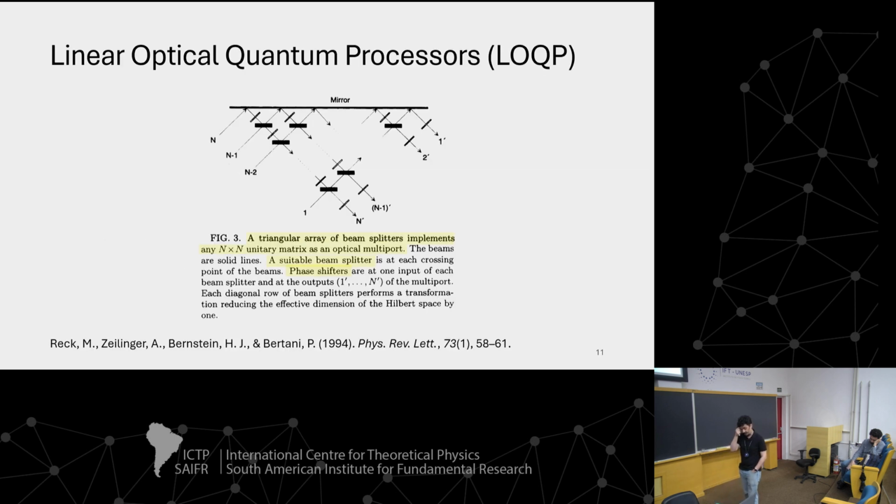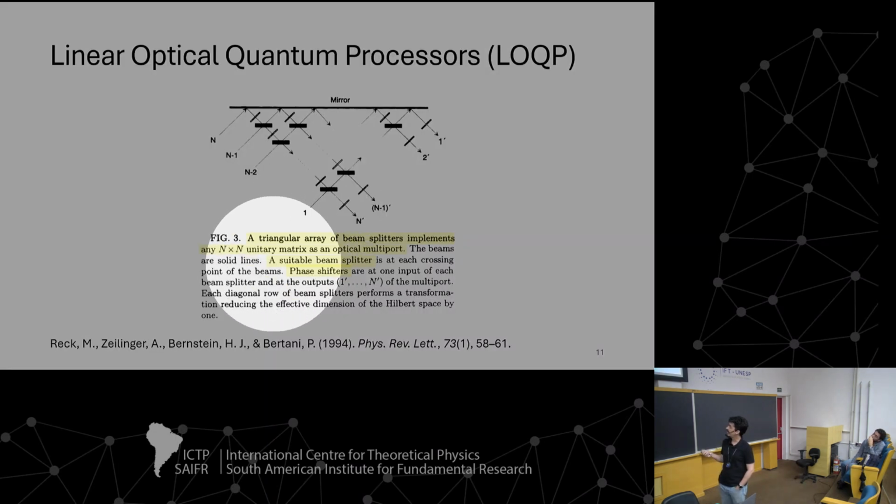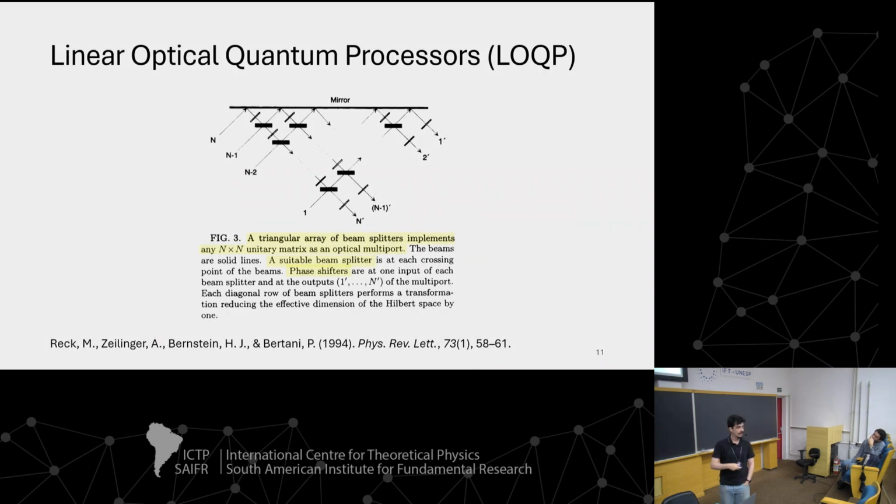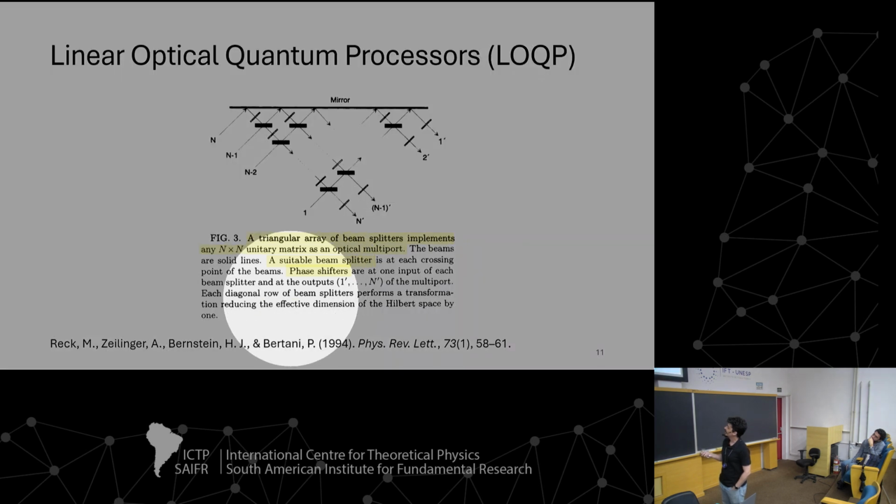So now we need a linear optical quantum processor, okay? And it was shown in 1994 that you can do this with an array of beam splitters. And it's interesting that they say that it implements any n by n unitary matrix, so this is probably a good thing for Diogo, provided that you have a suitable beam splitter.